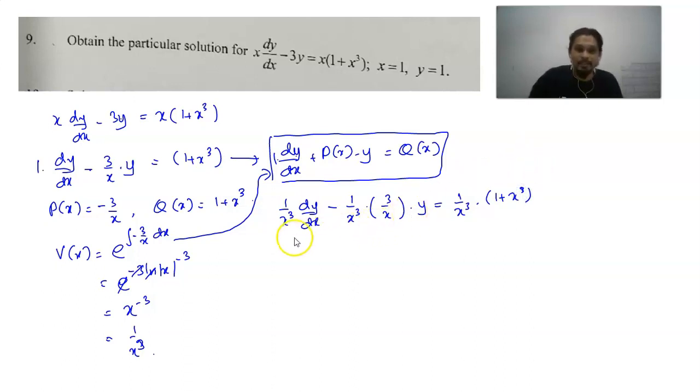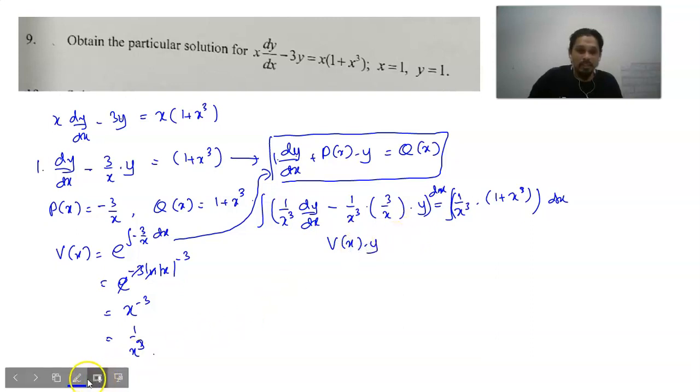Again, integrate everything here with respect to x and also everything here with respect to x, and this one gives you V(x) times y.